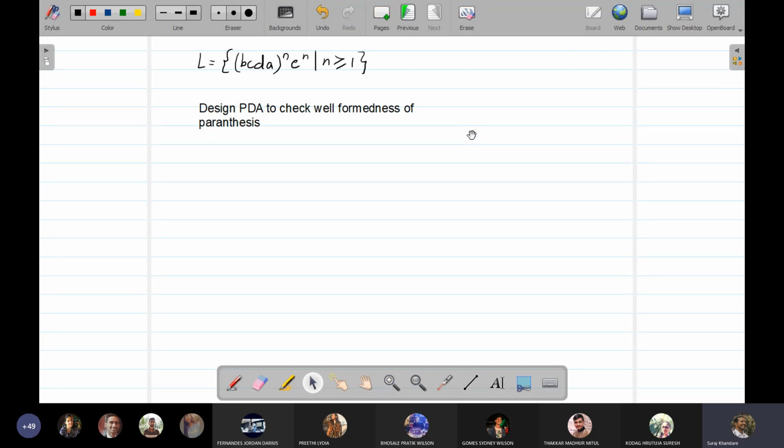Similarly, B, stack top is X, you keep X as it is. C, D, just change of state happens, and in the last, when you get A, you push X onto the stack. From Q0, if you get E, directly we go to Q4. And Q4, if more E's come in, then we remove the stack top element. After the input ends, stack top is R, we keep R as it is, go to the final state. Is it clear?